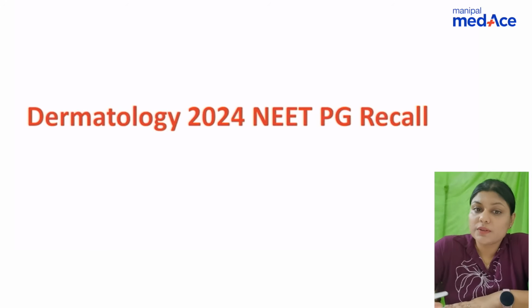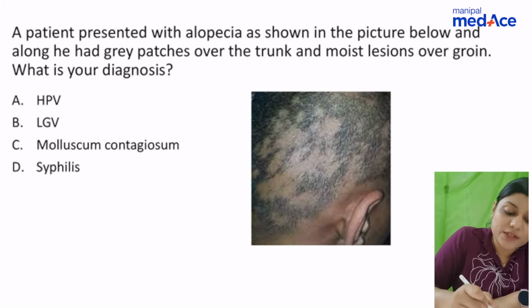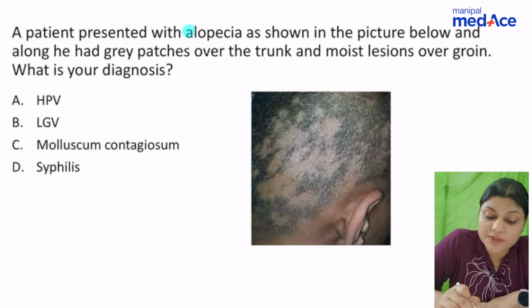Okay, so the first question is, a patient presented with alopecia as shown in the picture below and along with it, he had grey patches over the trunk and moist lesions over the groin. What is your diagnosis? HPV, LGV, molluscum contagiosum or syphilis? The key words in the question are alopecia.